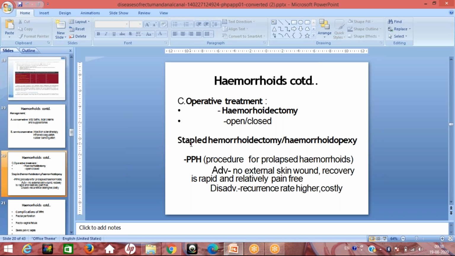The operative treatment includes hemorrhoidectomy, either open or closed. The open method is also known as Milligan-Morgan's method, and the closed method is Ferguson's method. In the open method, you allow the wound to heal by granulation. In the closed method, the stitch used to ligate the base of the pedicle of the hemorrhoid is continued back and the wound is closed.